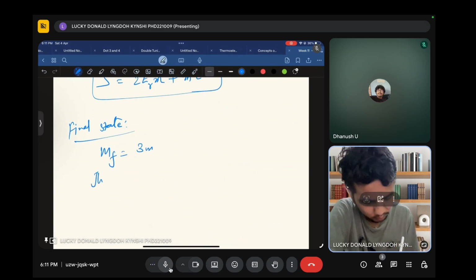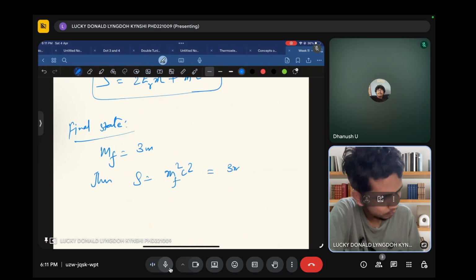Thus you can write S equal to m square c square, which is equal to (3m) whole square c square, which is equal to 9m square c square.